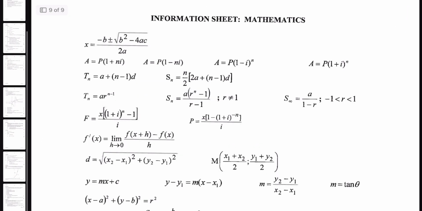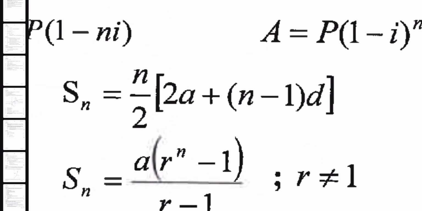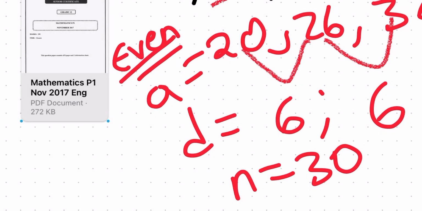Let's go to our formula sheet. You see this formula here. It's literally the sum at a specific n. So we just need to copy that formula and take it to our problem.